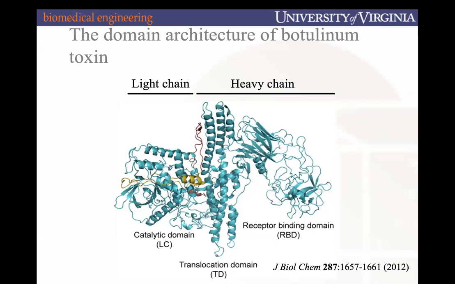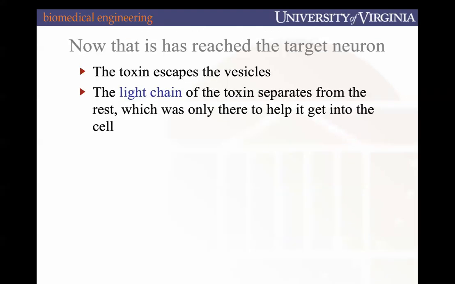This will change the conformation where the translocation domain will open up and create a harpoon, where it shoots out of the endosome and escapes. Now, once that happens, it's in the cytoplasm of the motor neuron. We'll have dissociation of just the catalytic domain, which will now target synaptobrevin in that motor neuron and destroy it. I got excited and I scooped myself again.